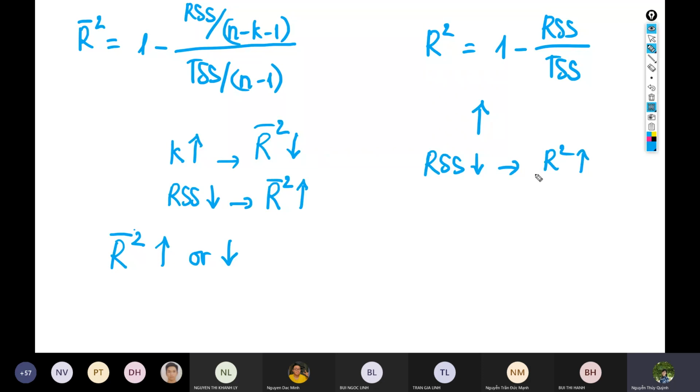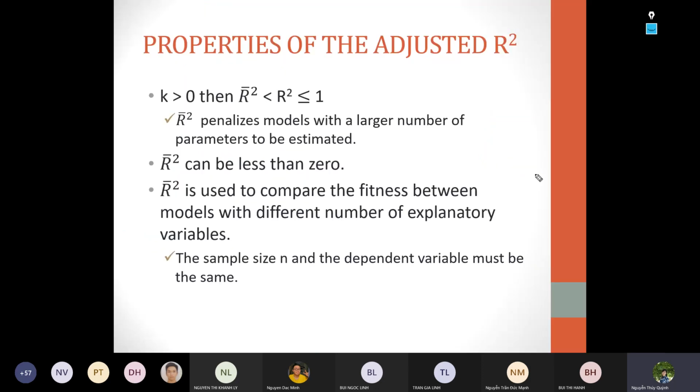We also use the adjusted R square to compare the goodness of fit between models with different numbers of independent variables, but they must have the same dependent variable.